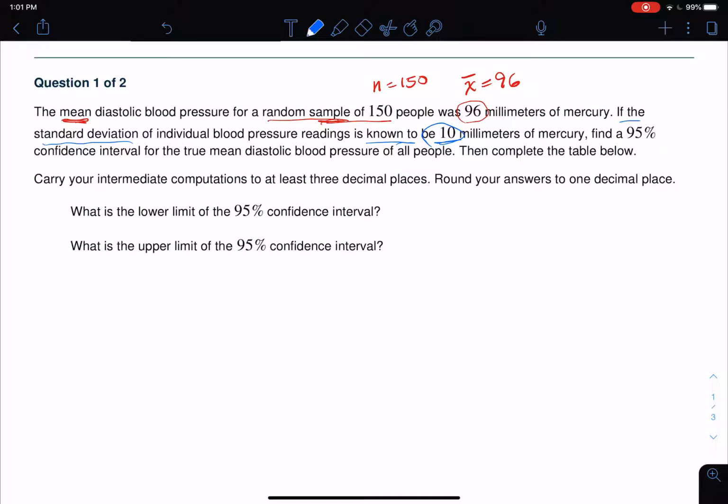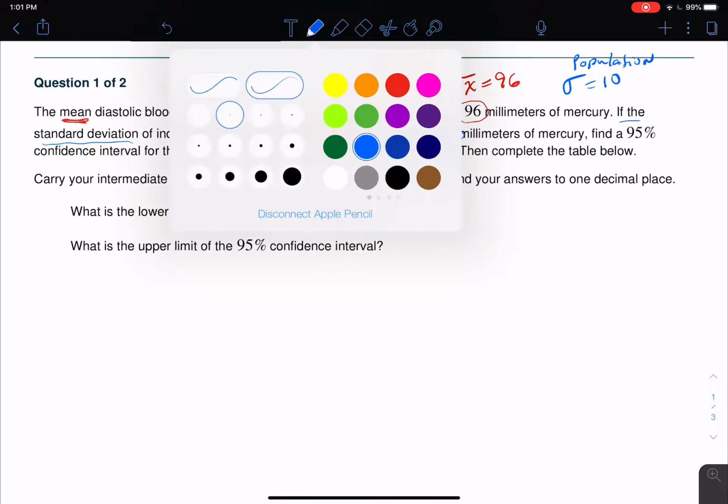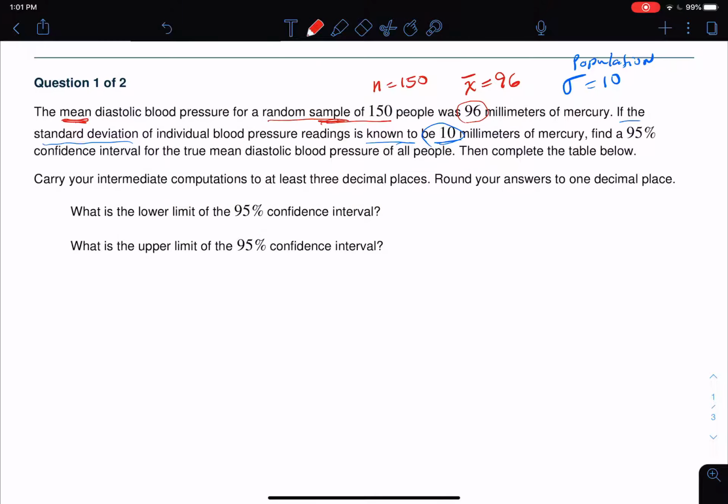It's not coming from the sample. So that is a standard deviation from the population, and I'll put population here. And this stuff in red I've got is the sample information.